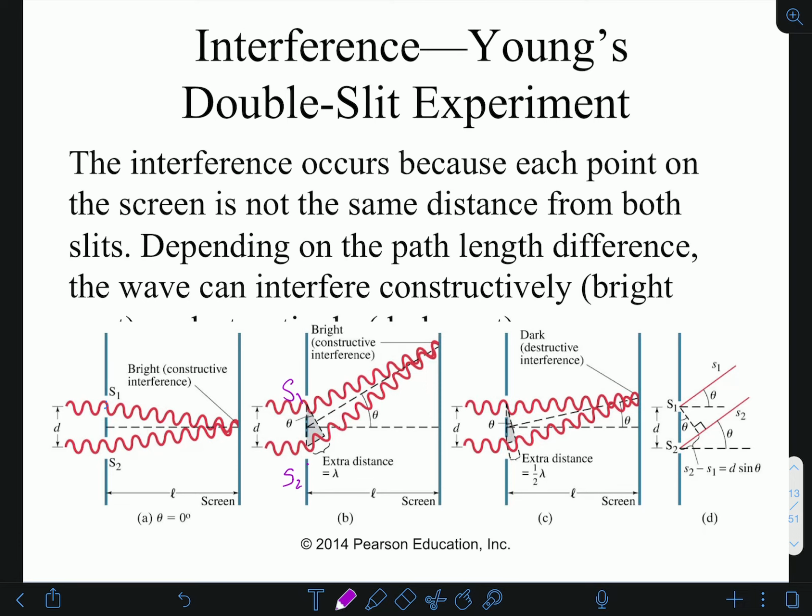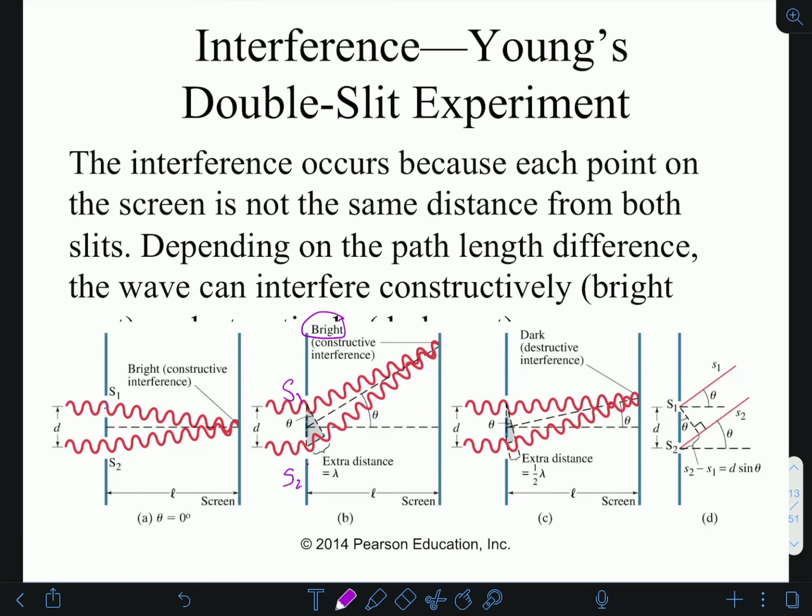So what we want to do is look at that path difference. If that difference is exactly a wavelength, then it's not going to change the phase. These are both still going to be in phase and you'll have constructive interference. And again, for light, if it's constructive, that means it appears bright.